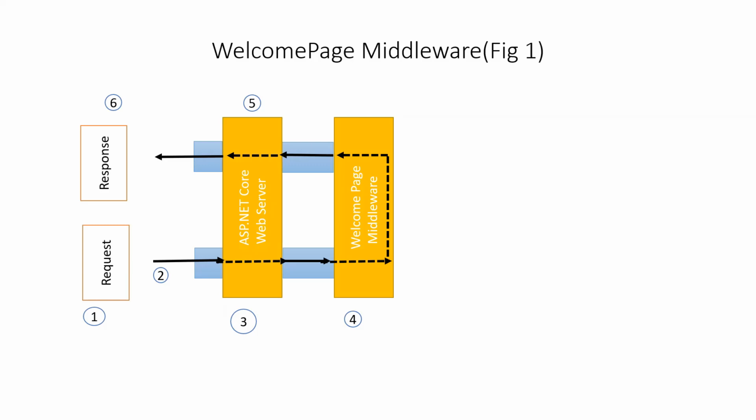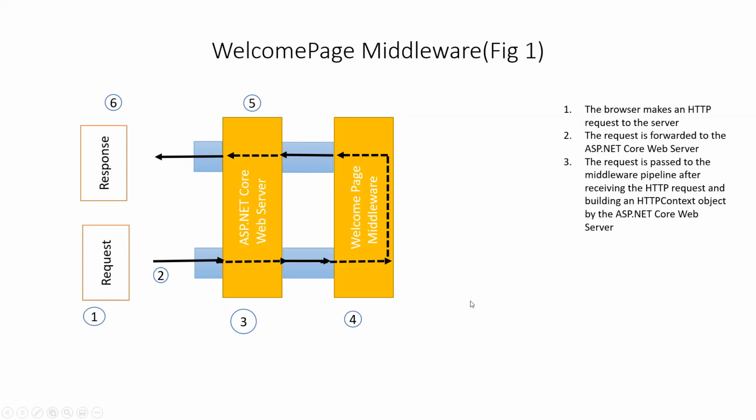Now, as with all ASP.NET Core applications, you define the middleware pipeline in the Configure method, which I have shown you several times. Now let's see another scenario of handling static files. Here I've written that the browser makes an HTTP request to the server, and the request is forwarded to the ASP.NET Core web server.